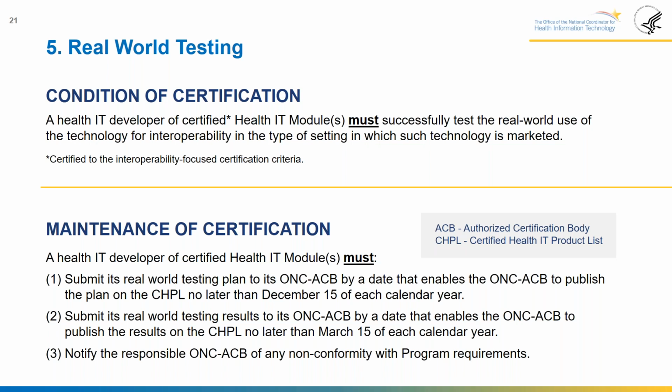So that can include things like scheduled key milestones, as well as explaining like what kind of settings in which it'll be used. So developers submit their real world testing plan and they also submit the results, and these will be available on the chapel. And developers will also notify ONC-ACBs of any nonconformity with program requirements as well.